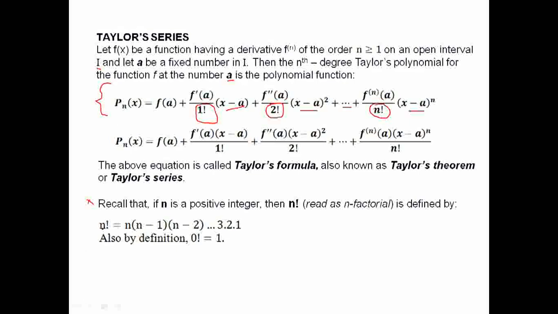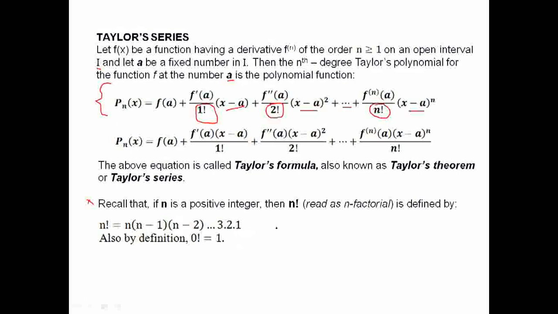We keep on reducing the given number by 1 until you get to 1. So n factorial is equal to n(n minus 1)(n minus 2) and so on, down to 3 multiplied by 2 multiplied by 1.